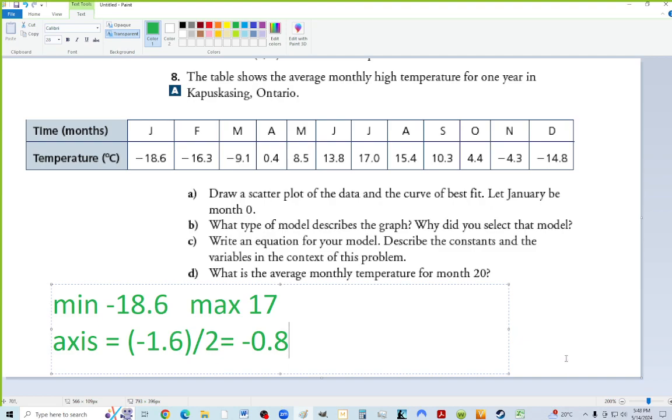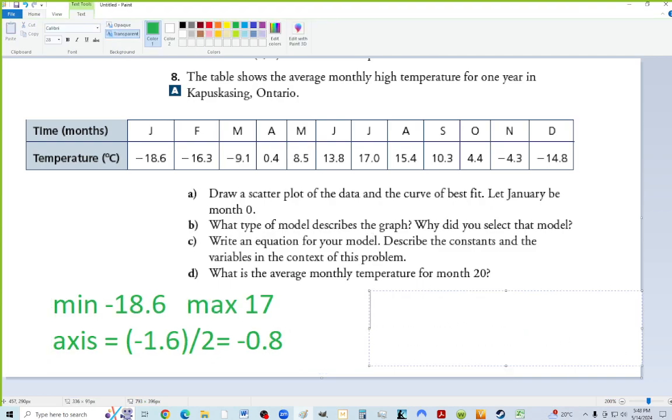So that is the axis, right? If I was going to do a sine curve, I would put my axis right here.